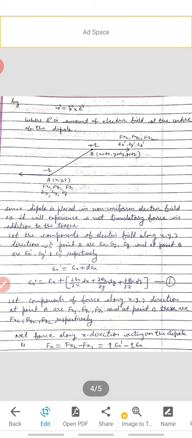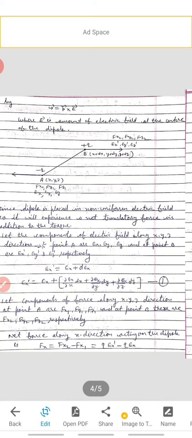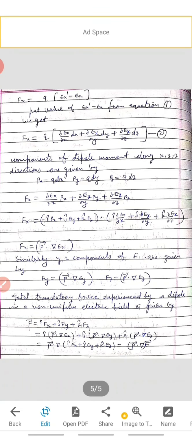So the net force along x direction acting on the dipole is given by Fx is equals to Fx2 minus Fx1, and this will be equal to Q into Ex dash minus Q into Ex, and Fx will be equal to Q into Ex dash minus Ex.